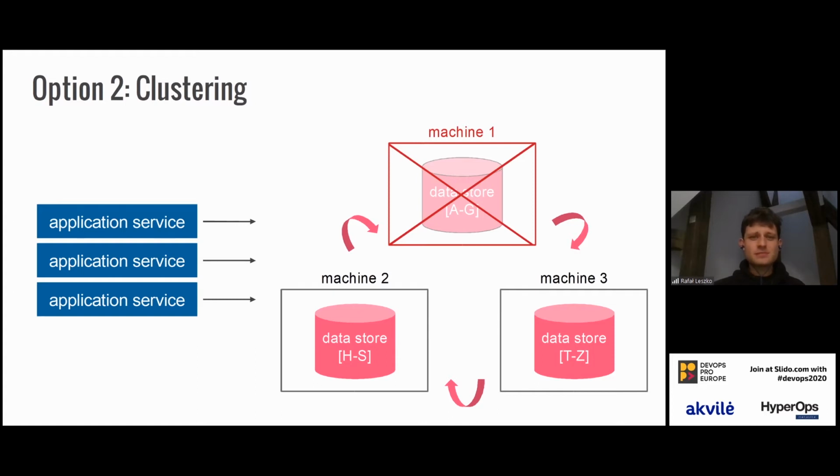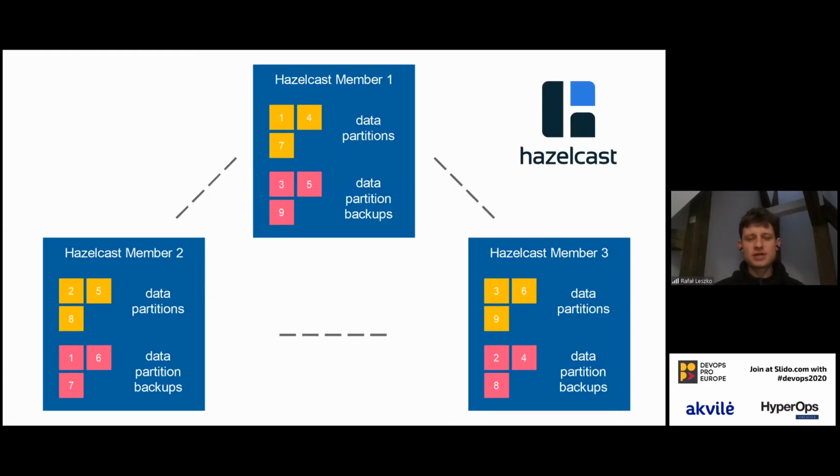Let me give you an example to understand better how Hazelcast works. Hazelcast is a key-value, in-memory data store. We partition all the data into partitions, and each member, each node of our cluster, contains some of the partitions. Like here in the picture, member 1 contains, for example, partition 1.